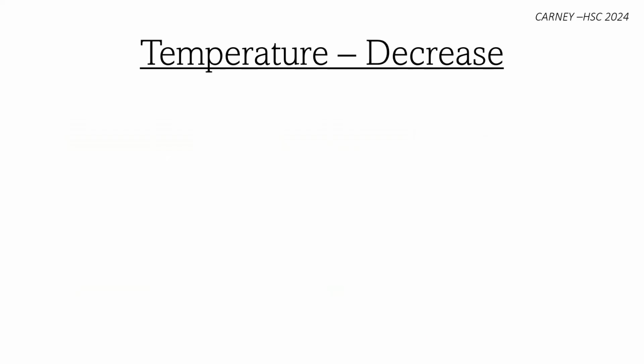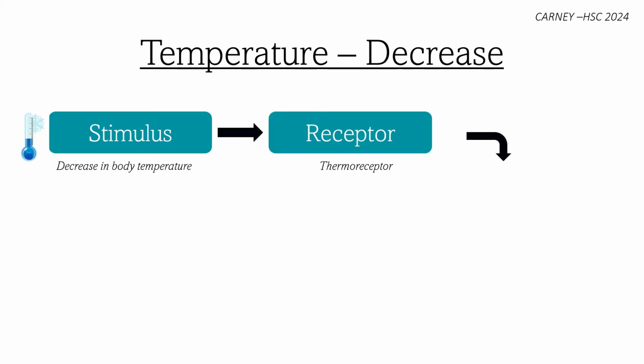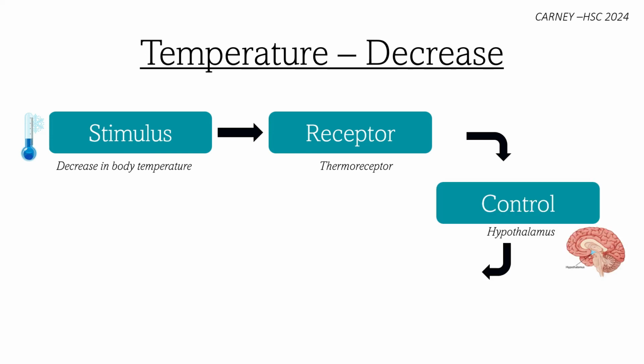On a cold winter's day, our body temperature may decrease past its set point, especially if we aren't wearing enough warm clothes. This decrease in temperature is again detected by thermoreceptors on the surface of our skin. These thermoreceptors will transmit the signal to the hypothalamus, where it will send a message to the effectors.